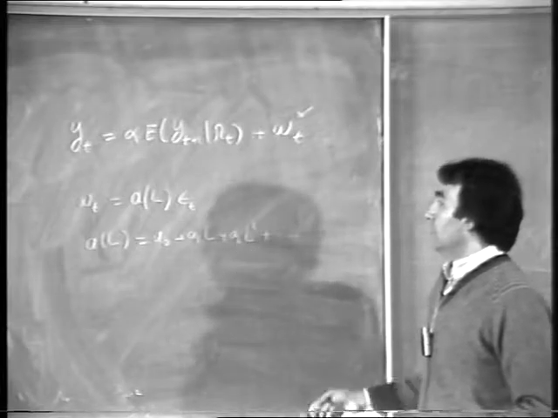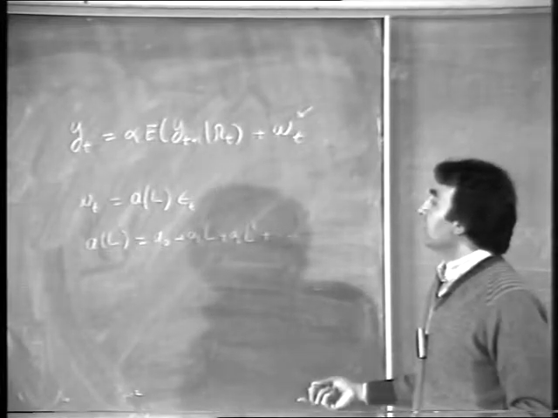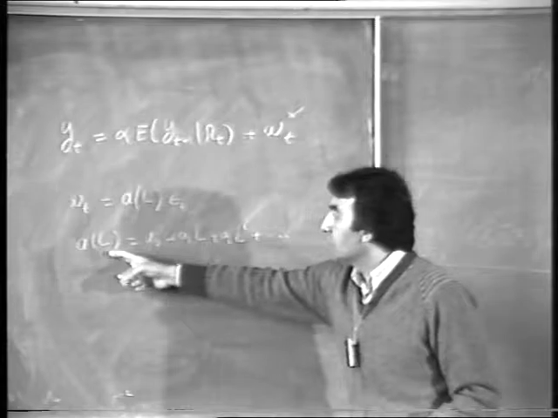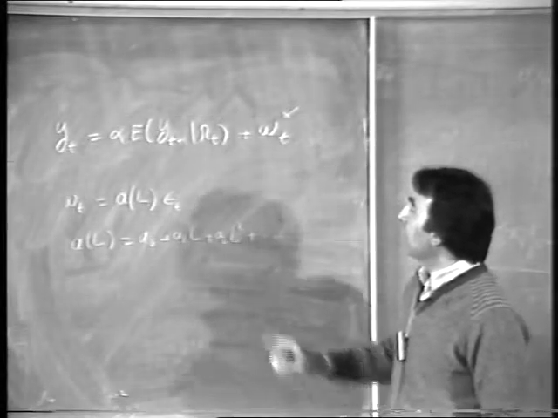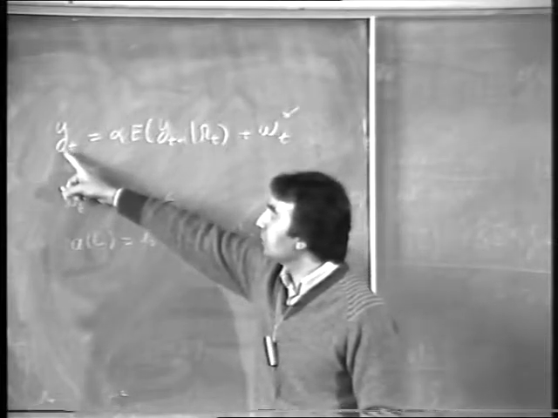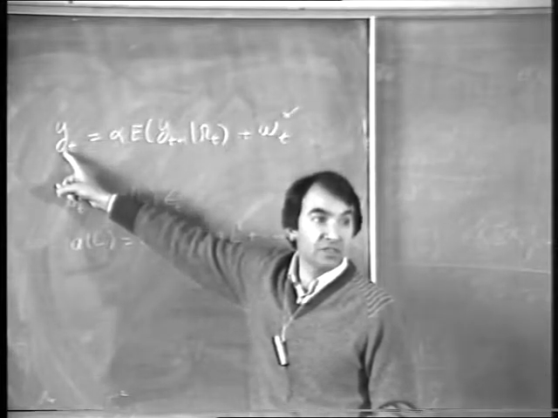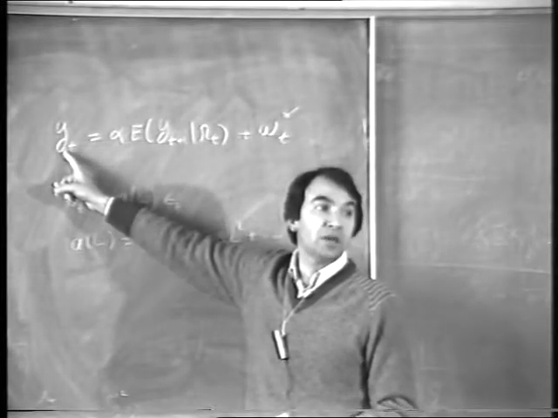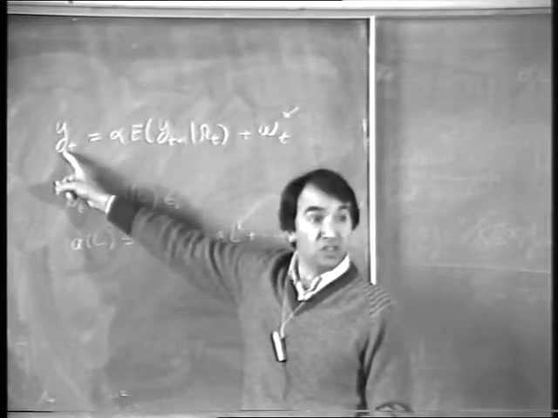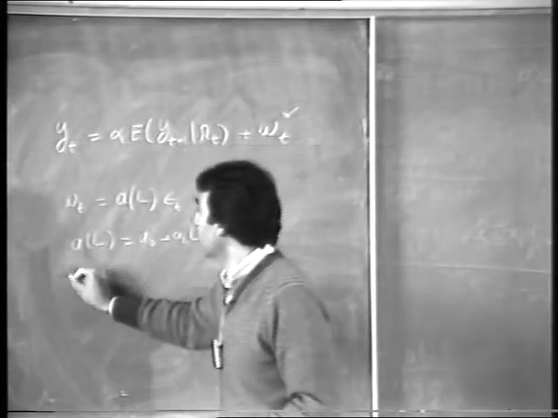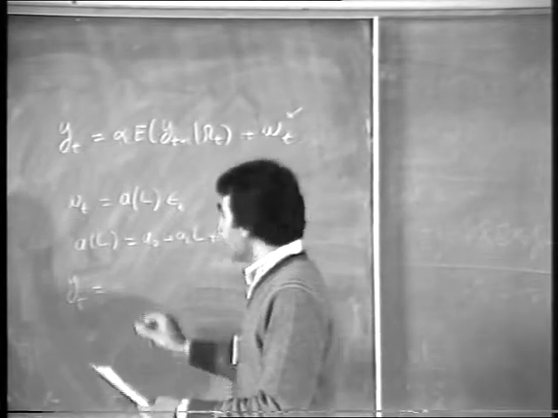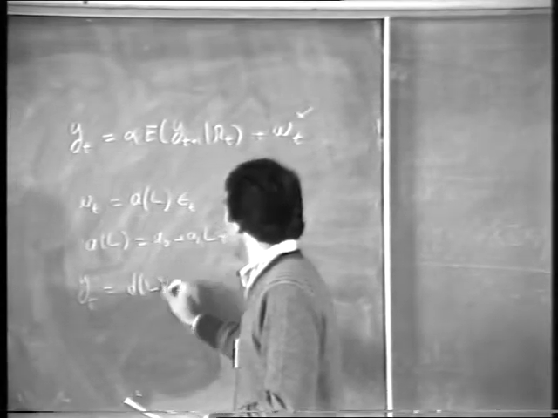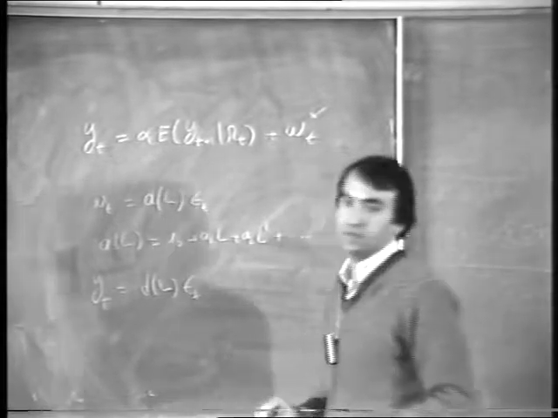So the method is, from now, very straightforward. If we know that WT has this representation, and since we are looking for a class of solutions of YT which are also stationary, we can also use the Wold decomposition theorem to suggest that YT can also be written, let me use my notation, as D(L) epsilon T as well.